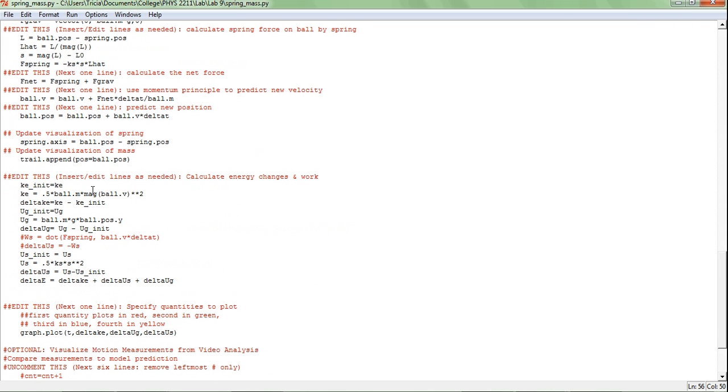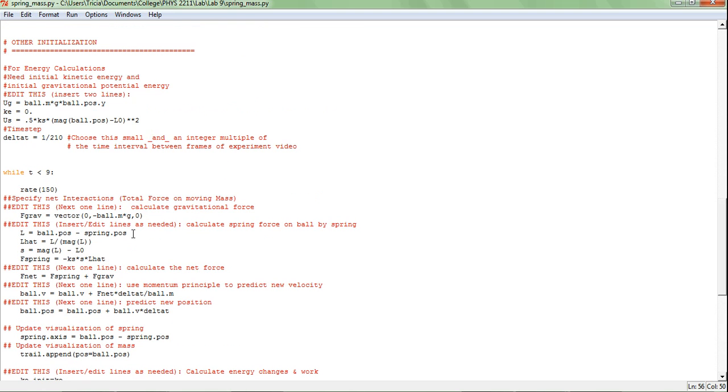And then I updated this within the loop by using these same formulas for gravitational potential energy and spring potential energy, but adding in the kinetic energy formula of 1/2 times the ball's mass times the magnitude of the ball's velocity squared. So with these 3 formulas together, I updated by graphing the delta of each of these energies, so the change in each of these energies over one time step, which is 1/210 seconds.